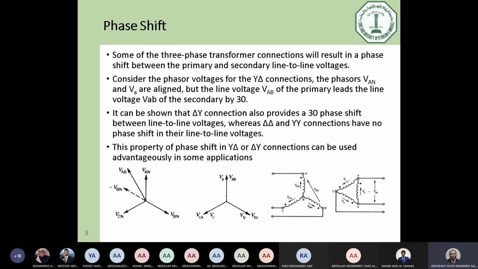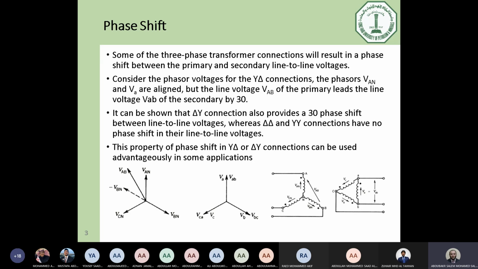We described one of the applications, like the interconnection between Egypt and Saudi Arabia, or between any two countries, using rectifier converter stations, which is the type of 12 pulse rectifier. A 12 pulse rectifier needs two sets of three phases with a phase shift of 30 degrees.